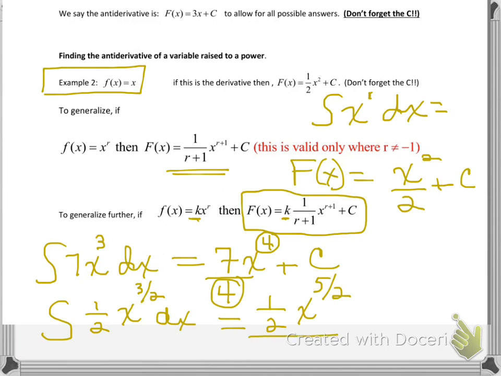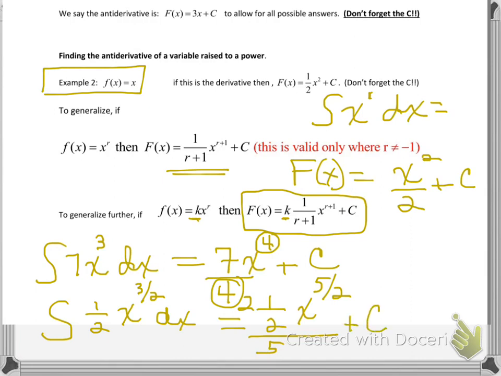Now I'm going to divide by 5 over 2, but couldn't I really multiply by 2 over 5? So the 2 goes up here, the 5 goes here, because dividing by 5 over 2 is identical to multiplying by 2 over 5. So make sure you understand that. And then don't forget the constant of integration.